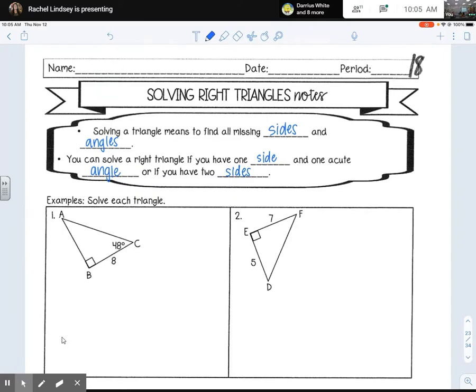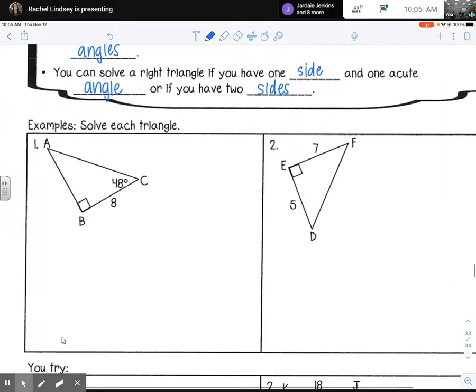So, on number one, looking at that, we're missing a few things. So we have this side, we have this angle. So we need to find this angle, this side, and this side.